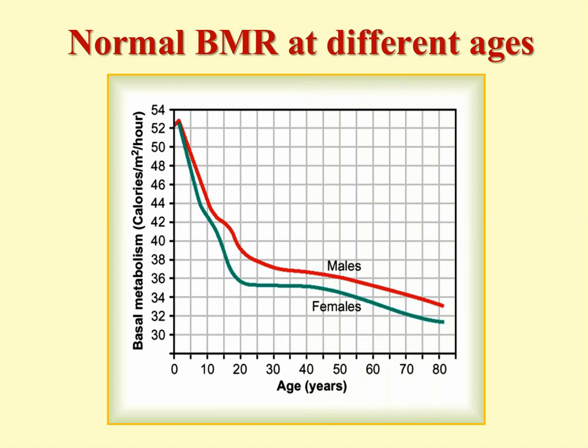Of course, with the smaller size of the body, the baby produces less heat and uses less energy than the big body of the adult. But for comparison, here you see the values in calories per square meter of body surface area. And here it's given per hour, but it doesn't matter.